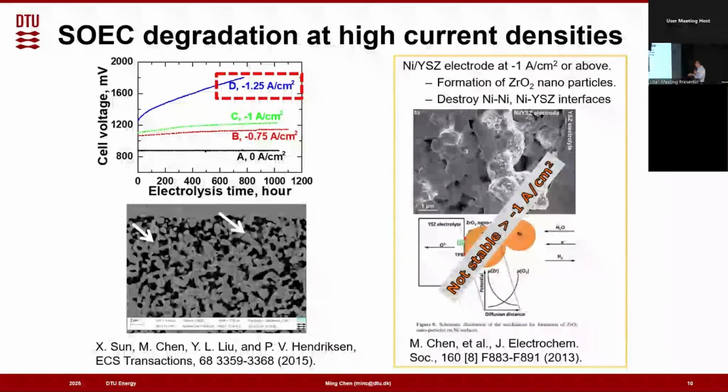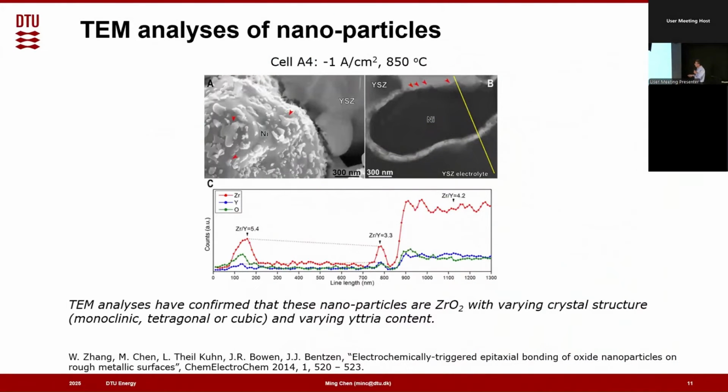So we try to understand further, and we did further TEM analysis. So this is the nickel particle, and this is the YSZ phase. We think the reaction starts from here, then extends. And we did TEM analysis of the composition of these nanoparticles as compared to the bulk YSZ phase. For the bulk YSZ, it has a zirconium-yttrium ratio of 4.2.